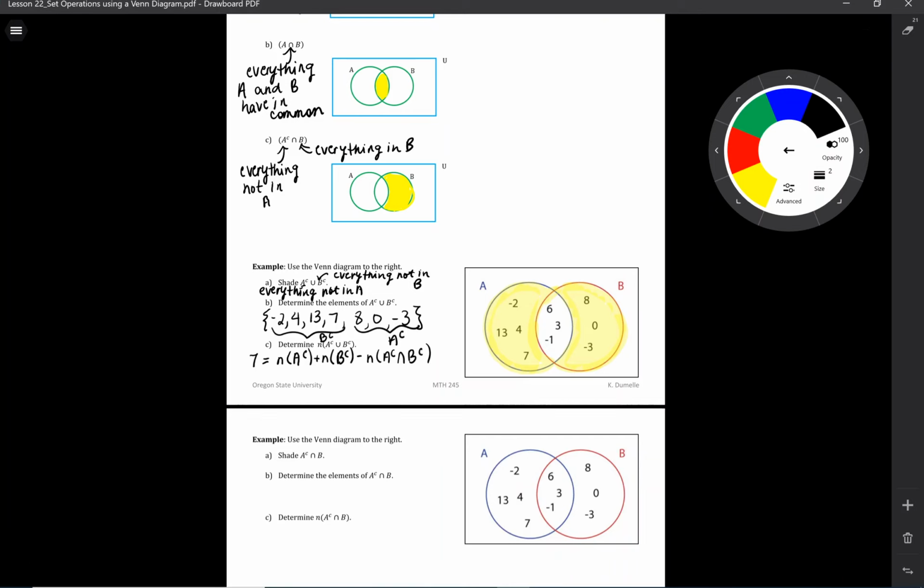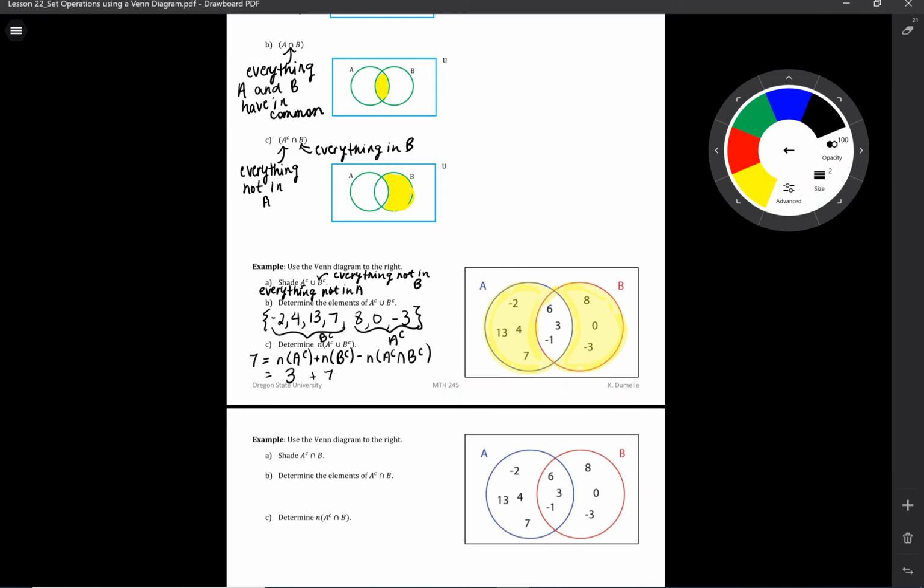The number of elements in A complement, that's everything that's not in A, which is the elements 8, 0, -3. So this is 3. The number of elements in B complement are the elements -2, 13, 4, and 7.